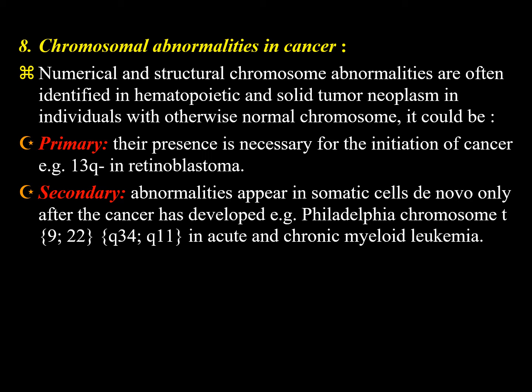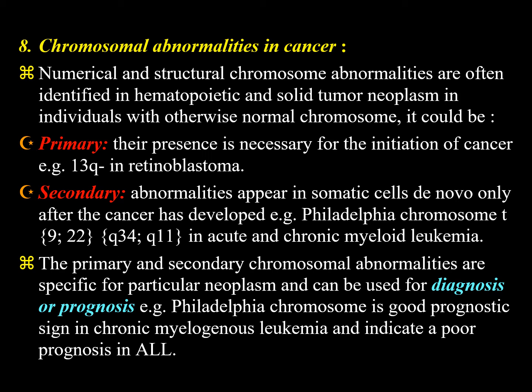Or secondary. Secondary abnormalities appear in somatic cells de novo only after the cancer has developed. For example, the most common is the Philadelphia chromosome, which is the translocation between 9 and 22, in acute and chronic myeloid leukemia.